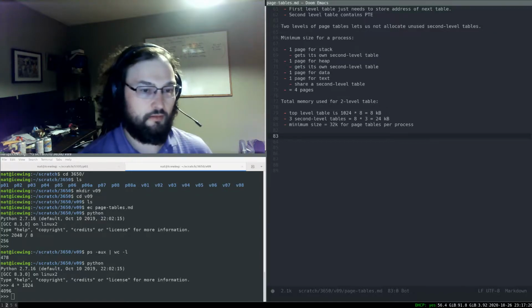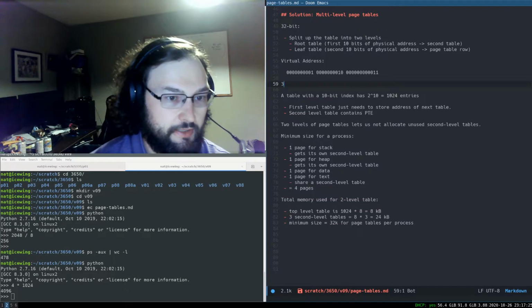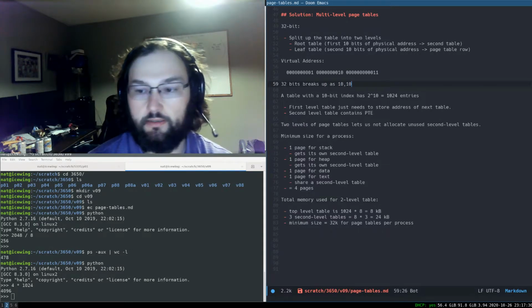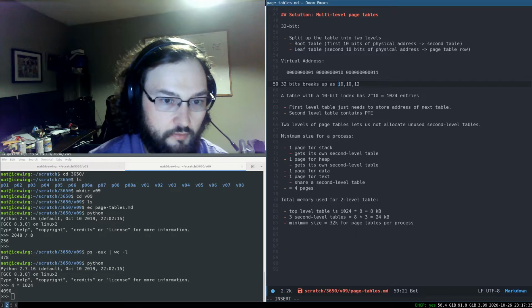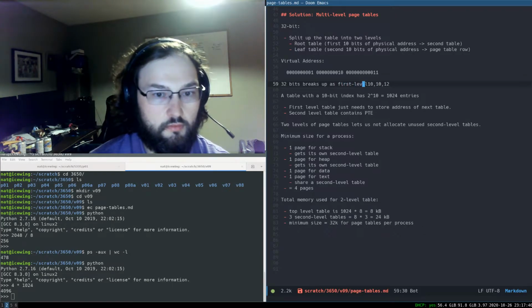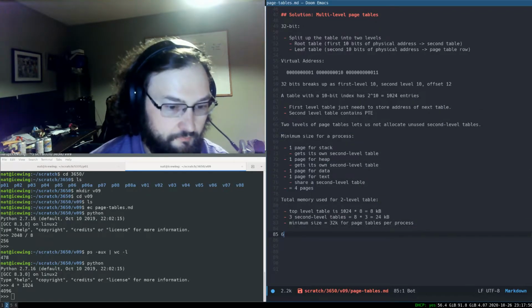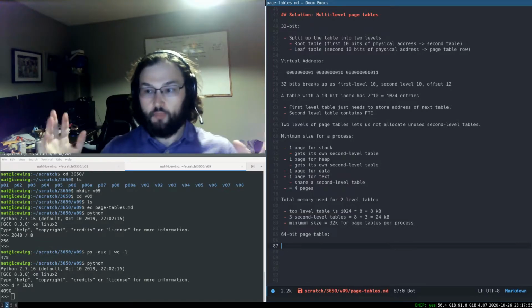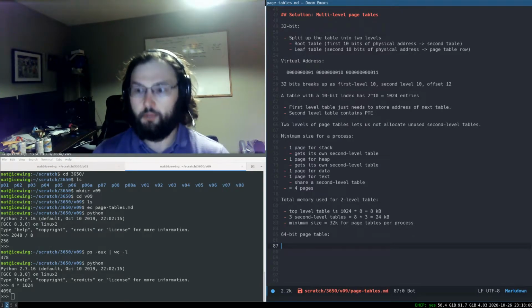So instead of having our address broken down into 3 parts, where 32 bits breaks up as a top level index of 10, a second level index of 10, and then a page offset of 12, with a 64-bit page table, we have to come up with some way to break 64 bits up between multiple pages so that it makes sense. And it's worth thinking about that for a second. How would you do that? Pause now and think about that.